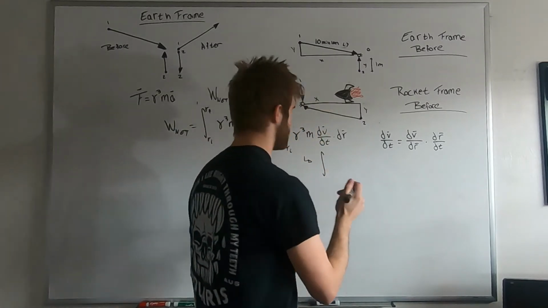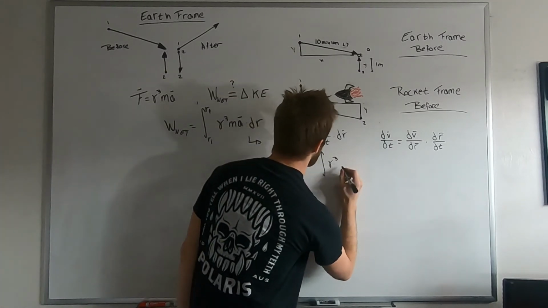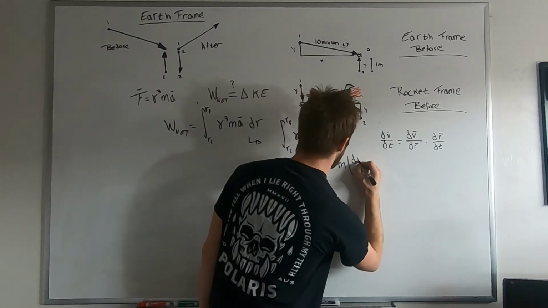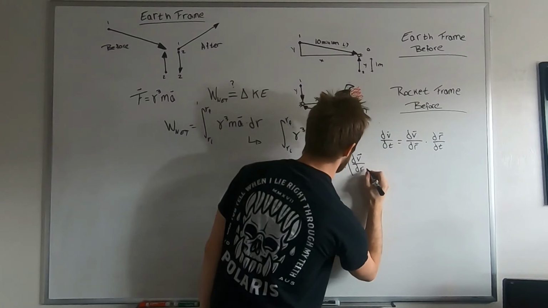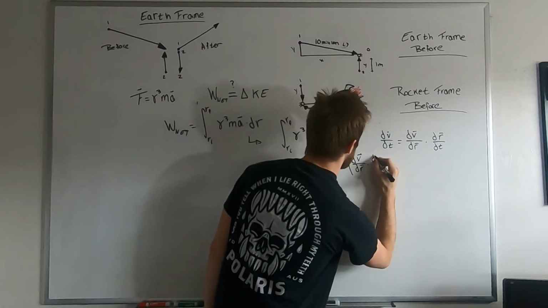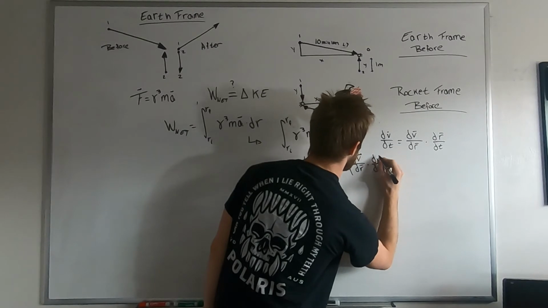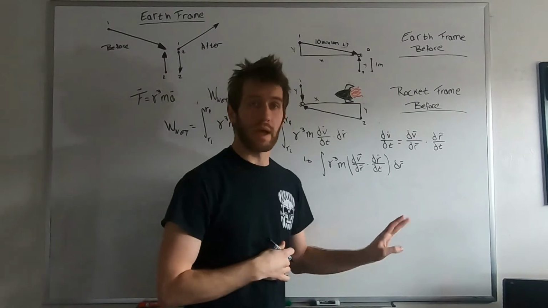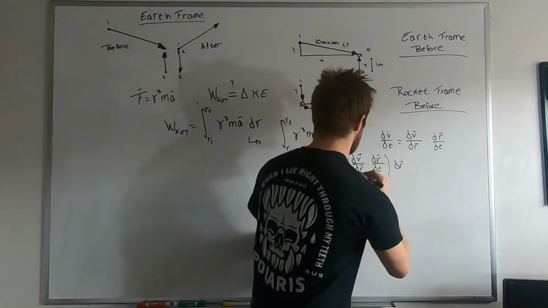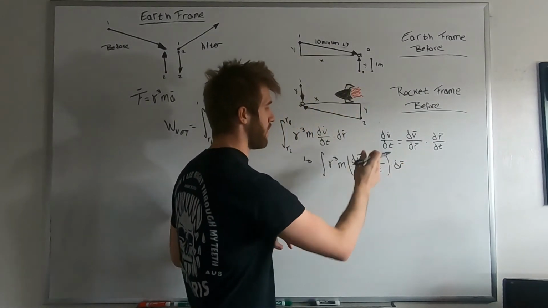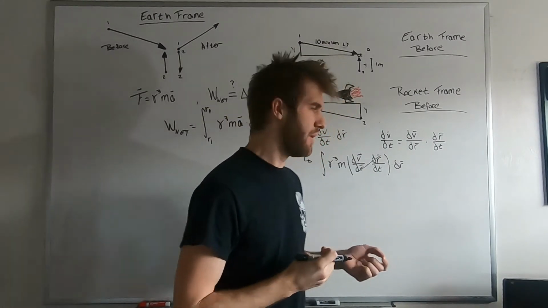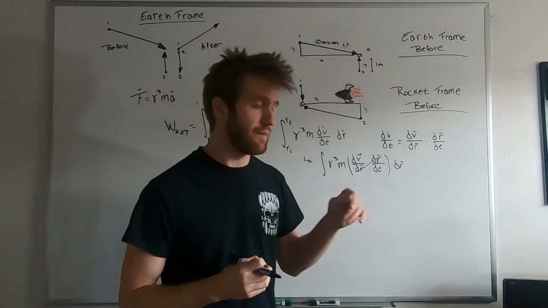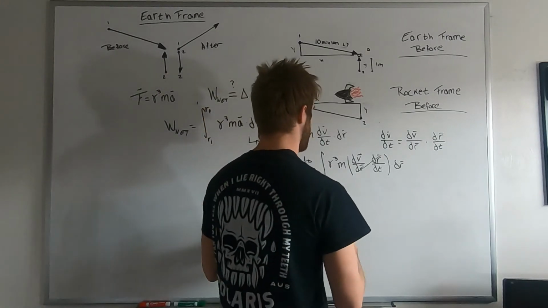I'm going to wait on the limits here. So we're going to have gamma cubed times the mass, where we have our dv now over dr times dr over dt times dr. Okay, great. So now you can pretty clearly see that we can now just cancel these, but we're going to bring our dr in because we're just doing a little change of variable, which will naturally require us to change our limits of integration as well. Okay, so what do we have?